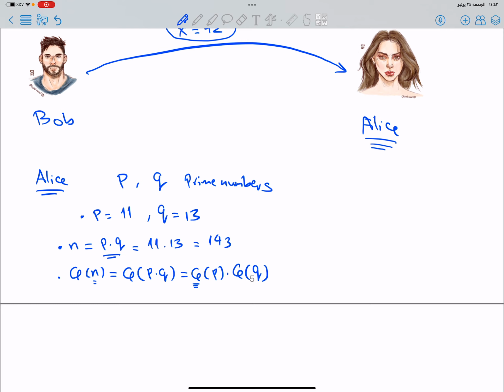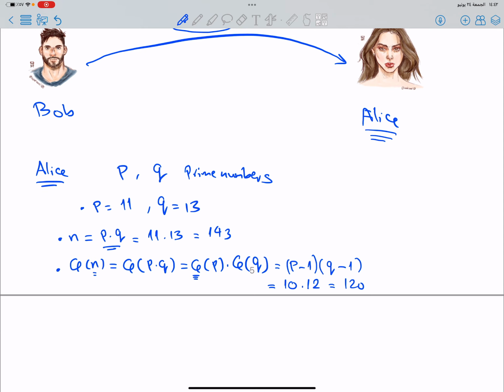Because P is a prime number, we can say phi P is P minus 1. Phi Q, Q is a prime number too, then phi Q is Q minus 1. P minus 1 is 10, multiplied by Q minus 1, 13 minus 1 is 12, and this is 120. Now Alice calculated phi N and chose P and Q.